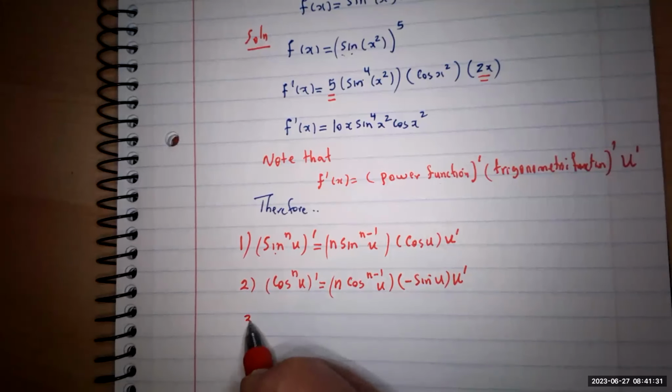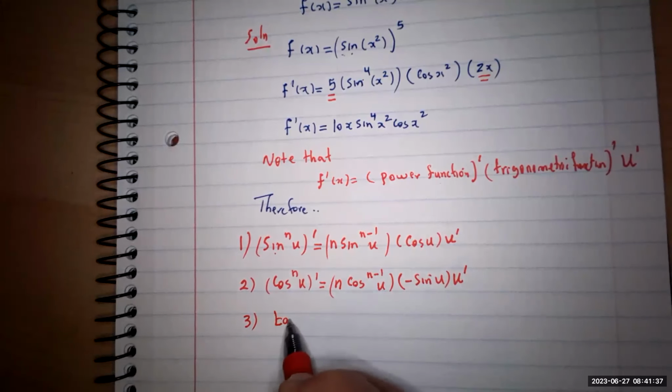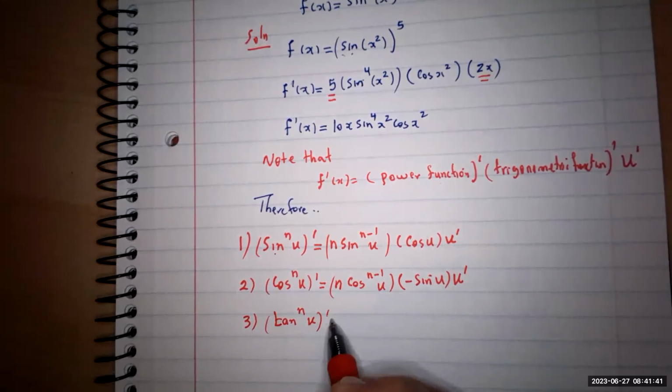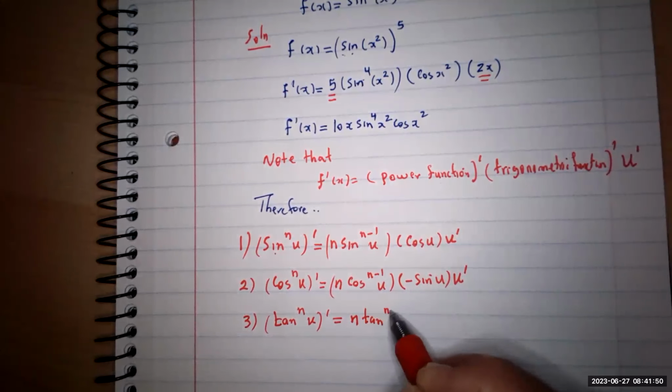Next, number three, let's take the tangent. Tangent to the n of u, prime, is equal to, we bring the power down, n tan to the n minus 1 of u.